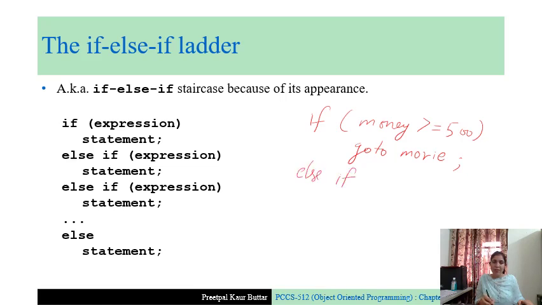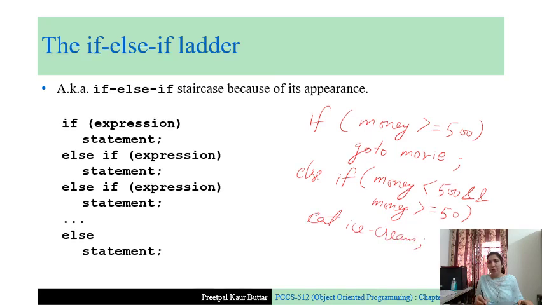This else if will be executed when this if is false, right? And here also please note that you have to write the condition. Else if money is less than 500 and money is greater than or equal to 50, you want to eat ice cream, right?